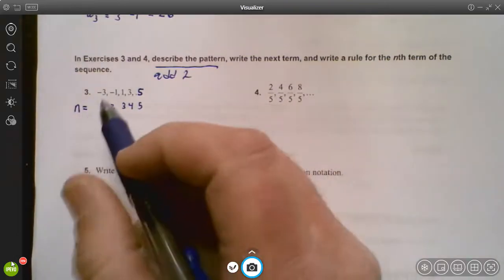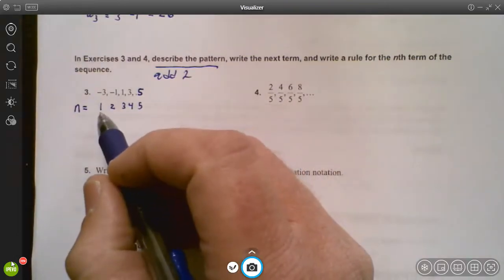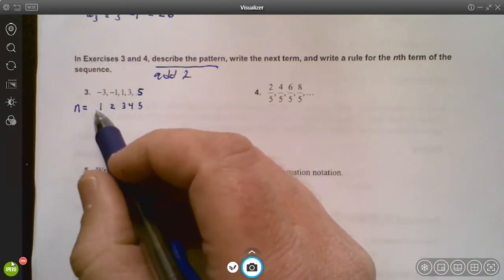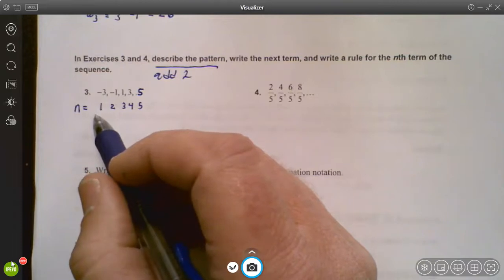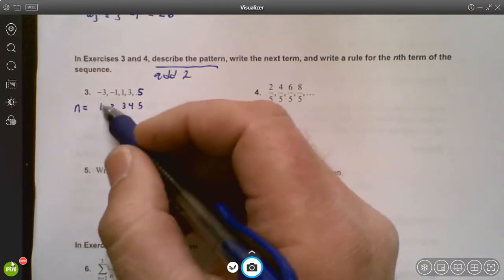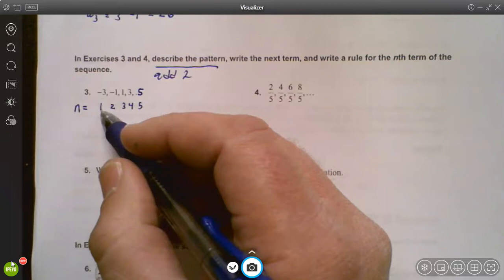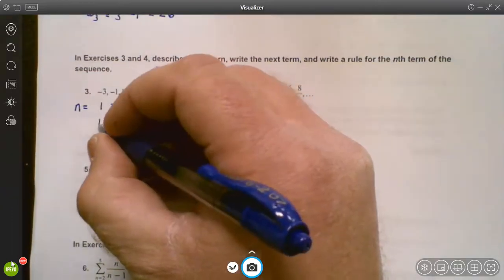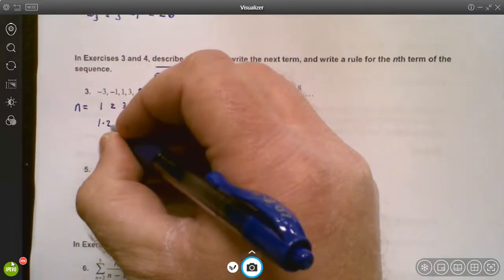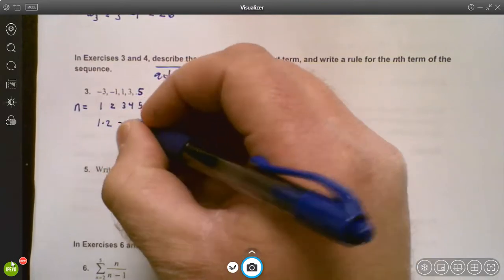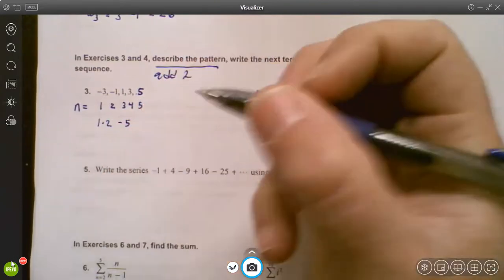So as we look at this, the combination of operations that we're doing here is I am multiplying this by something, and then I am subtracting something. So as I look at this first one, we could say, well, what if I took that 1 and multiplied it by 2 and then subtracted 5?